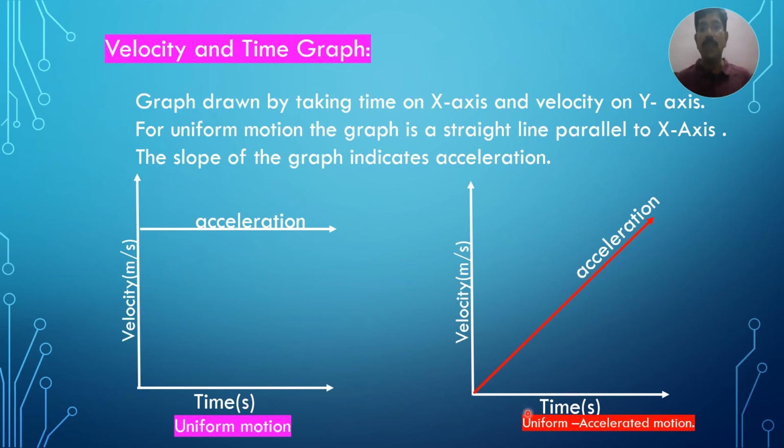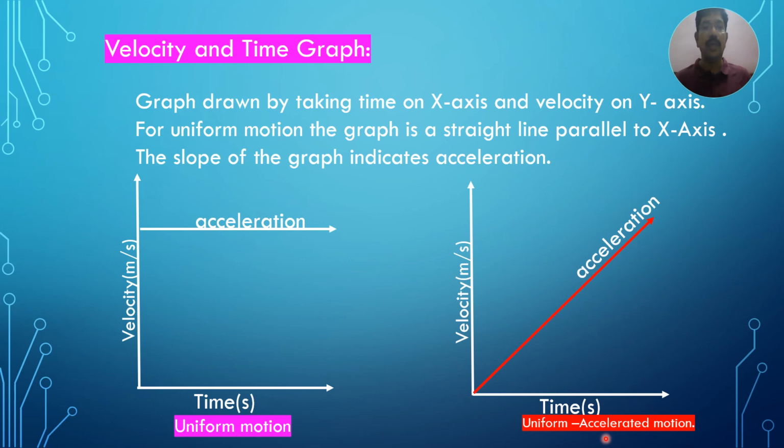Now you observe the second type of graph, that is uniform accelerated motion. In the case of uniform accelerated motion, as the time is increasing, the velocity goes on increasing. Observe this one, the velocity goes on increasing. So this is the graph of uniform accelerated motion.